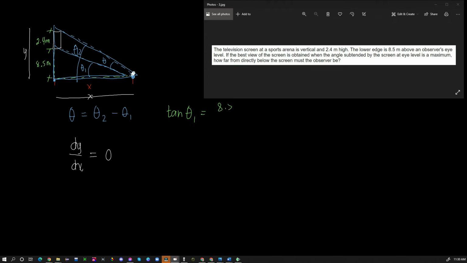So we have 8.5 over x. Sakto lang? Sir. Then sa theta 2 na to, tangent theta 2, kaning bako nga triangle. So natay tangent theta 2 is equal to 8.5 plus 2.4, that is 10.9, is equal to 10.9 over x.